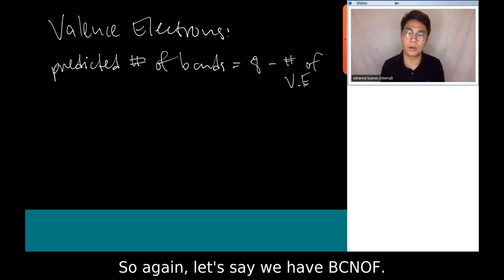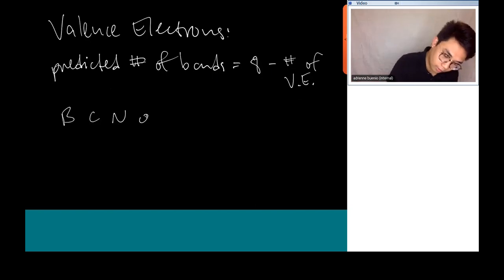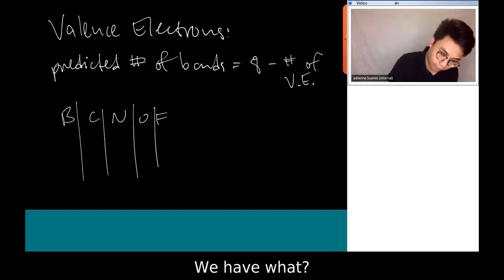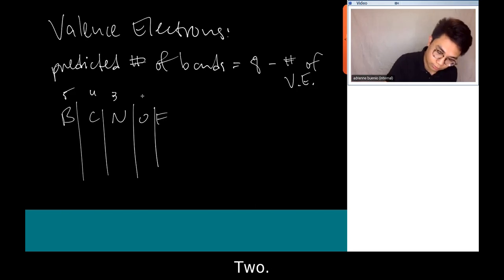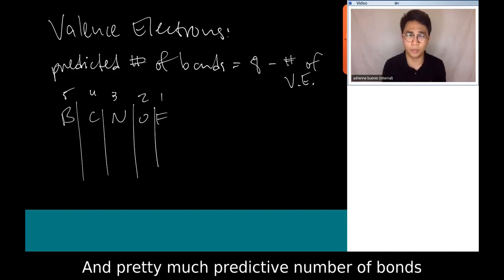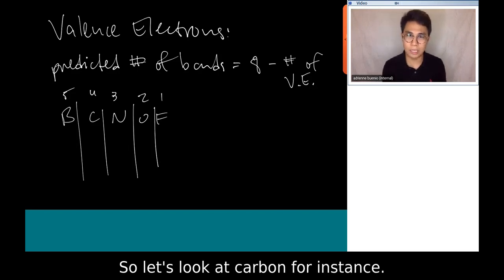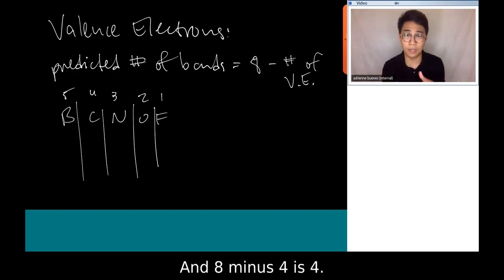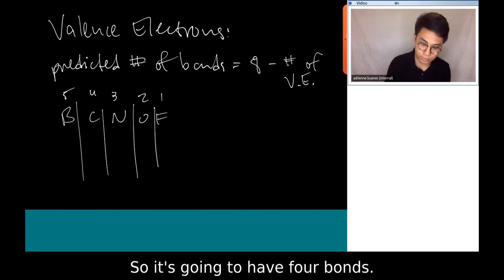The groups are 5, 4, 3, 2, 1, and the predicted number of bonds is for their neutral form. So let's look at carbon, for instance. 8 minus 4 is 4. So we know carbon likes 4 bonds, that's the neutral, so it's going to have 4 bonds.